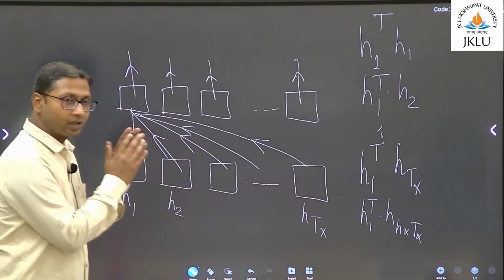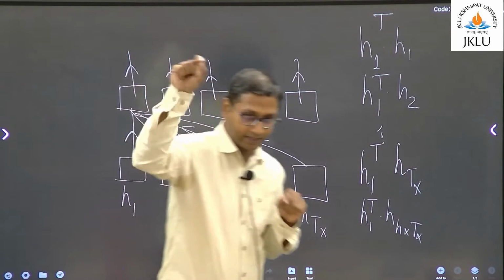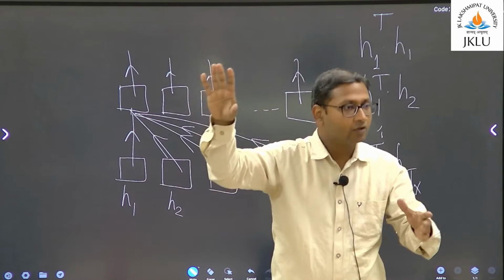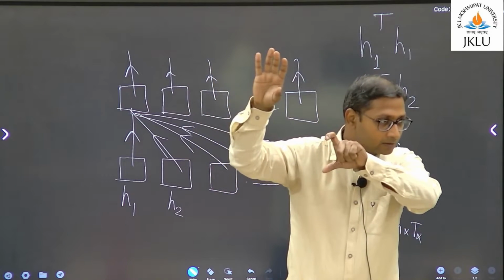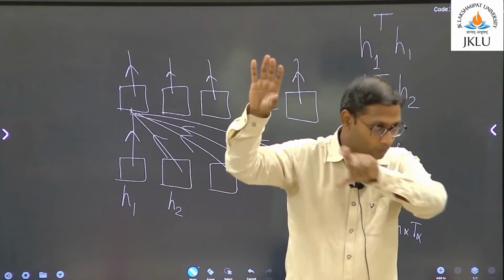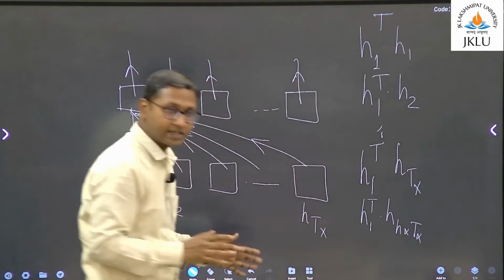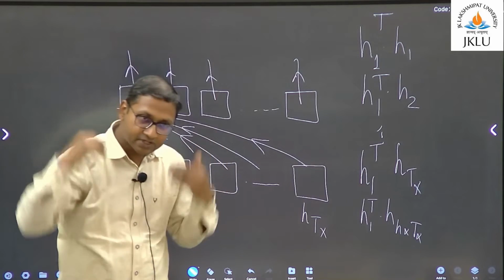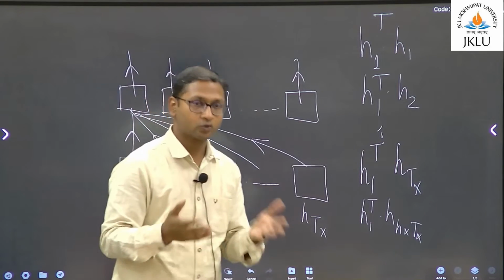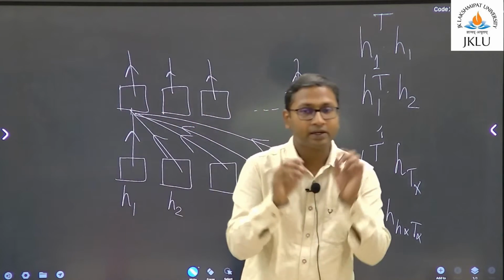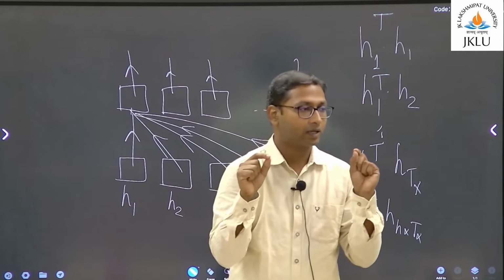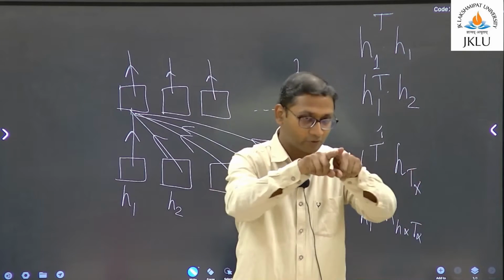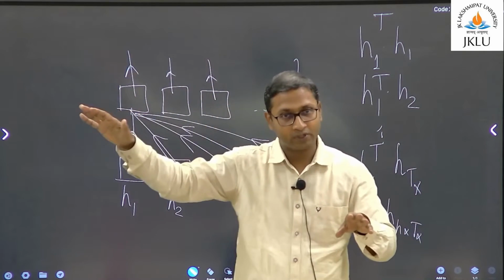See, earlier we had S. You were taking the dot product of this S with everyone in the encoder. What we are saying is, there is no S now, and we still want to do the same thing. You are limiting the attention mechanism to an architecture where you have an encoder and a decoder.